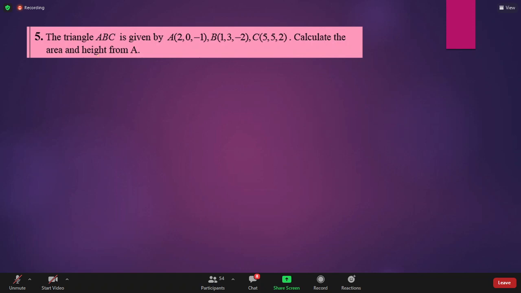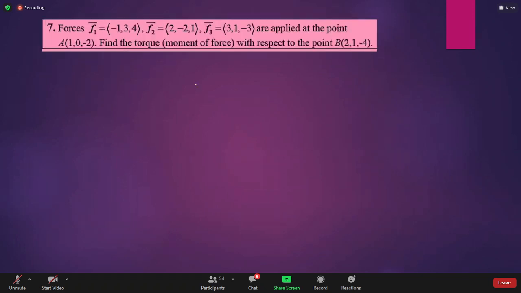The torque with respect to the point B. What this means is that instead of the origin, we take point B, and so the position vector of point A with respect to point B, not the origin, would be, in fact, vector BA. It would be the radius vector of point A with respect to point B.